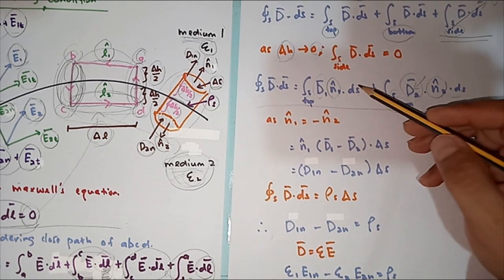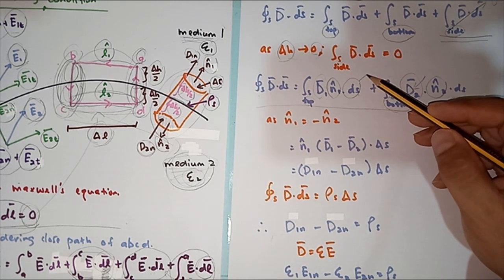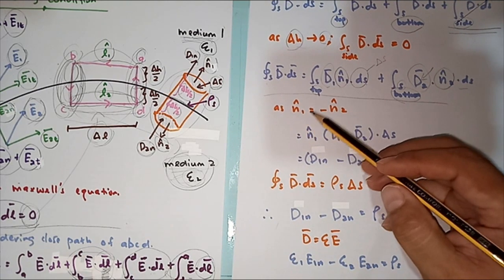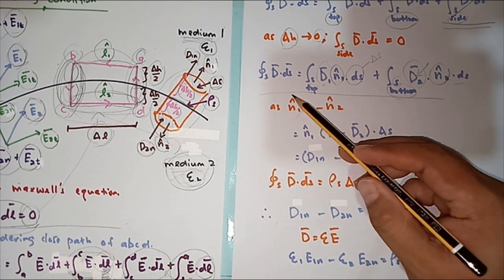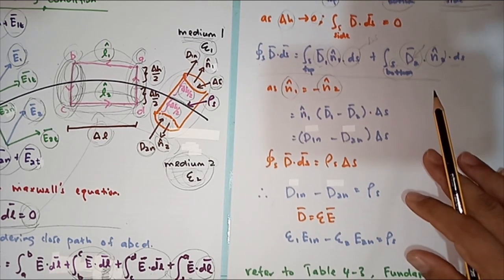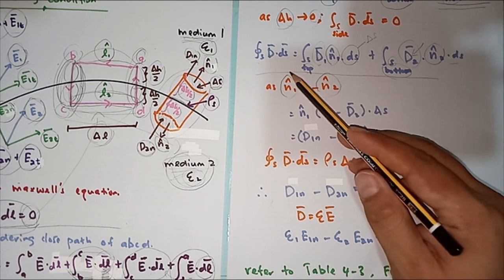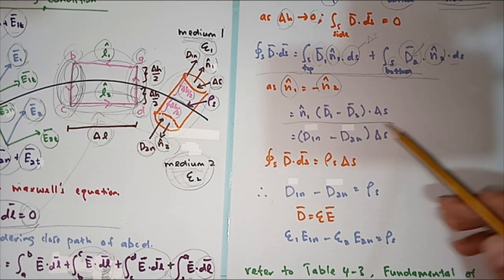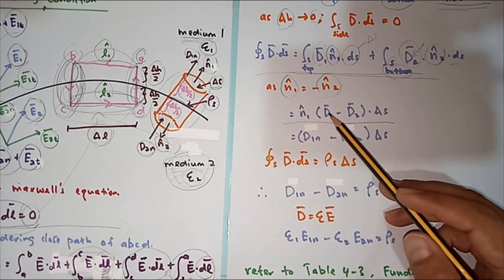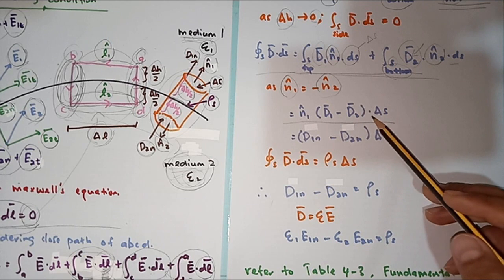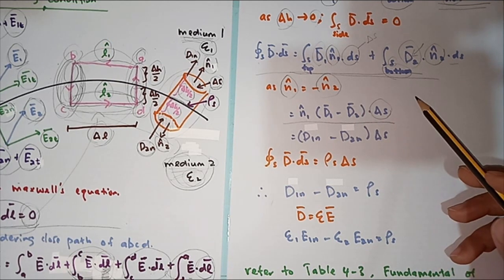By assumption that dS is equal to delta S, and with the fact that n1 cap is equal to minus n2 cap, we will have the solution for this integration equal to this expression, whereas n1 cap dot vector D1 minus vector D2 dot delta S.